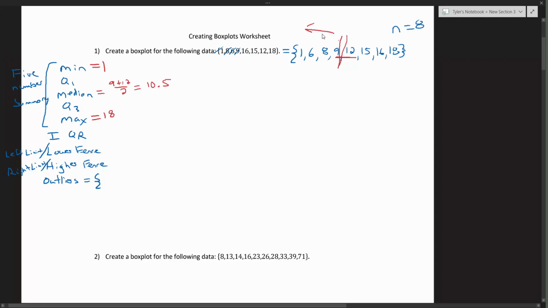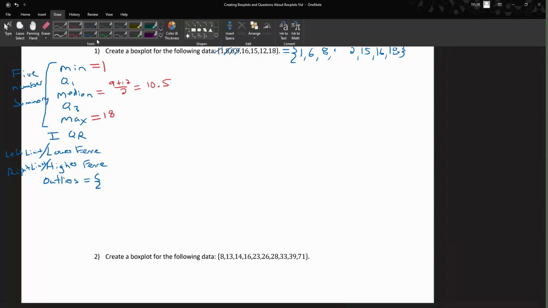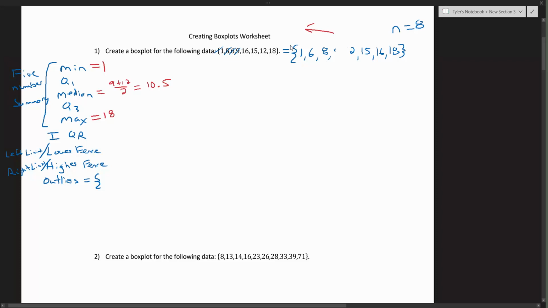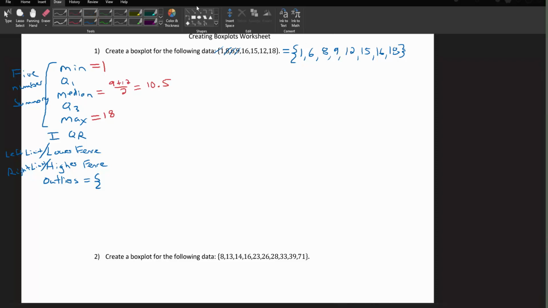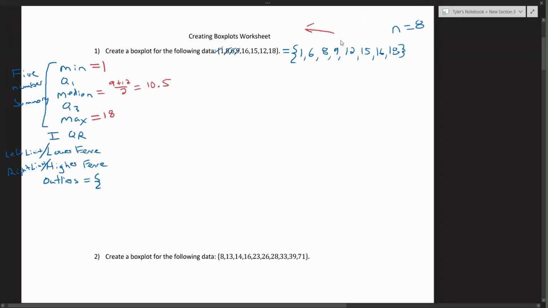So from the minimum of our data set up to that line. So I have two numbers in the middle, 6 and 8. So to find Q1, I'm going to take 6 plus 8 divided by 2, which is 7.